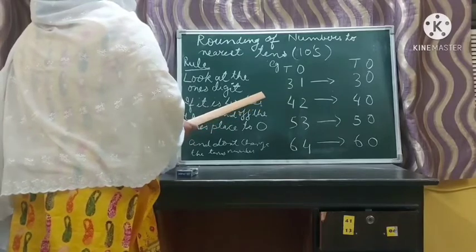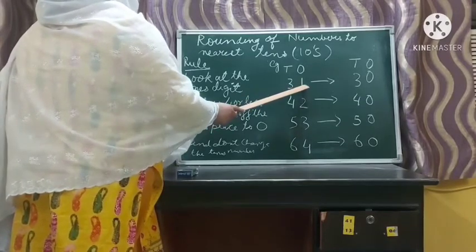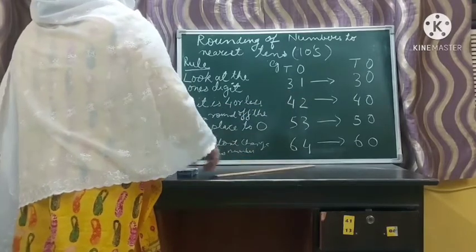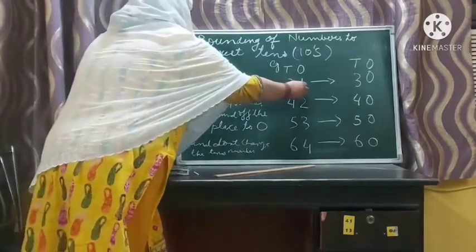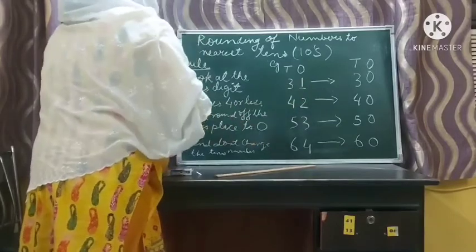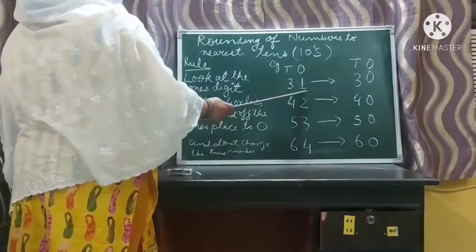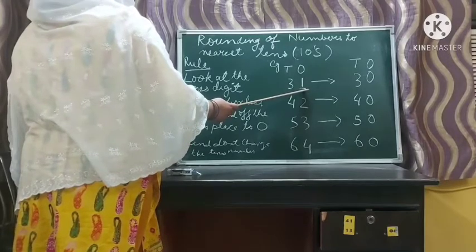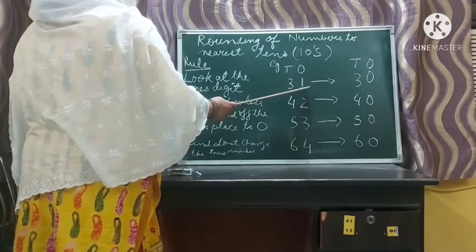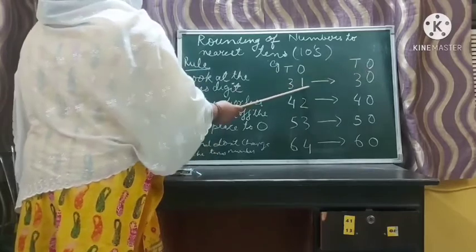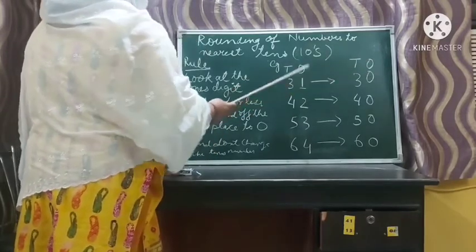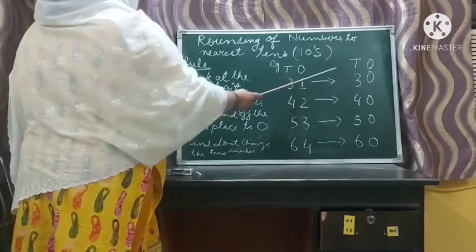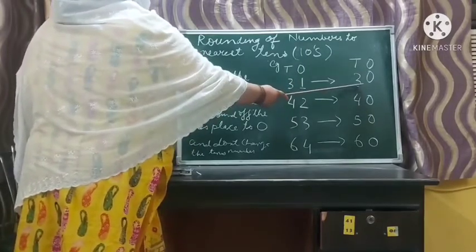So as I told you about the rule, if the ones place is 4 or less than 4, what is the ones place here? The ones place is 1. It is less than 4. So if the ones place is 4 or less than 4, then change this ones place to 0. In the ones place you will write 0 and don't change the number at the tens place. The tens place is 3, copy the 3 as such.